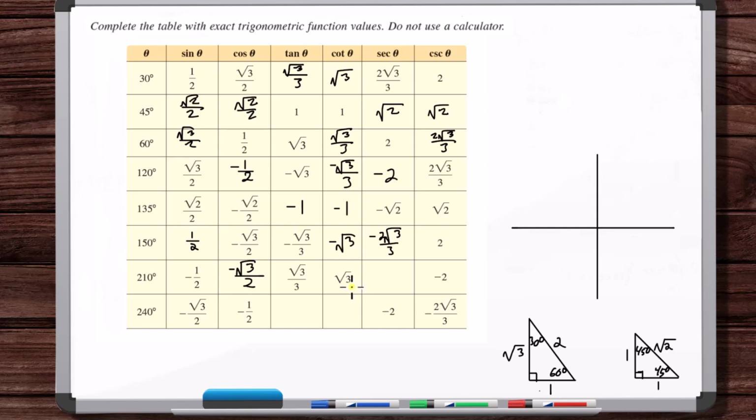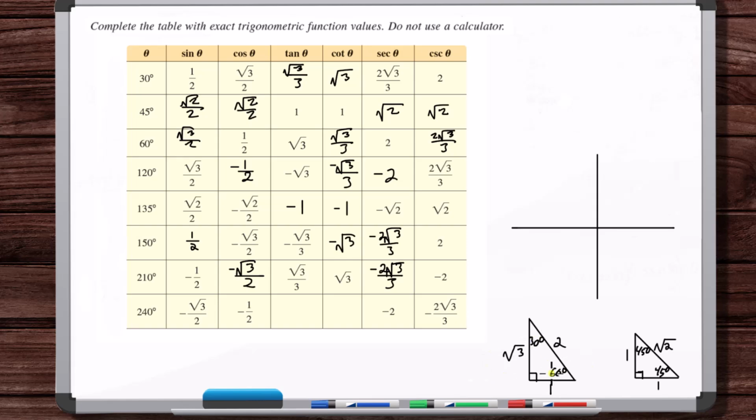Okay, and then secant's the reciprocal of cosine, so minus 2 over root 3, that's minus 2 root 3 over 3. All right, 240 is third quadrant, 60-degree reference angle, so these are both negative.